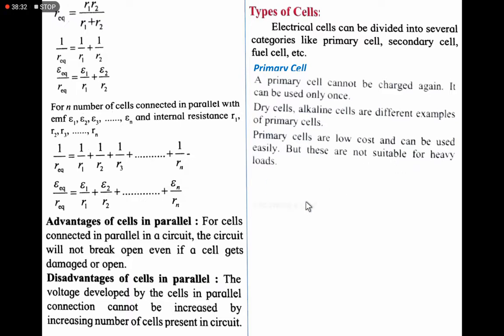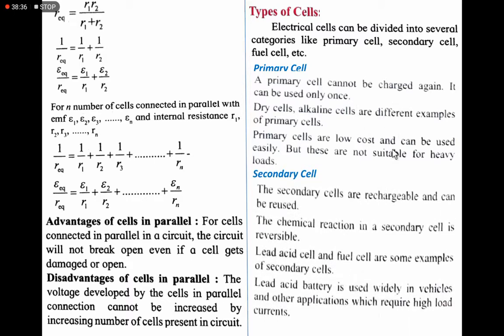Secondary cells are rechargeable and can be reused. The chemical reaction in the secondary cell is reversible. Lead acid cells are some examples of the secondary cell.